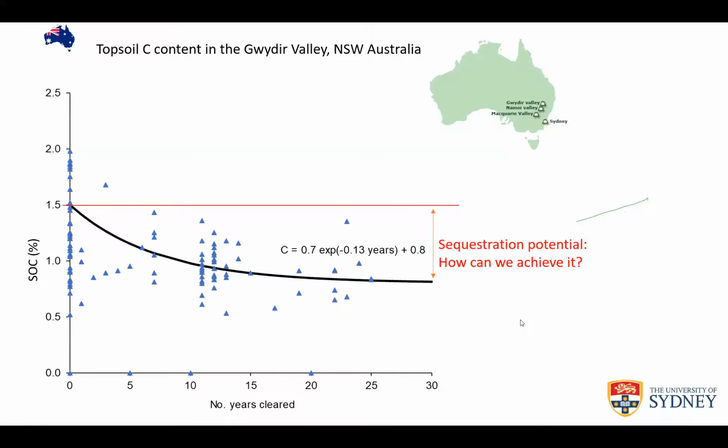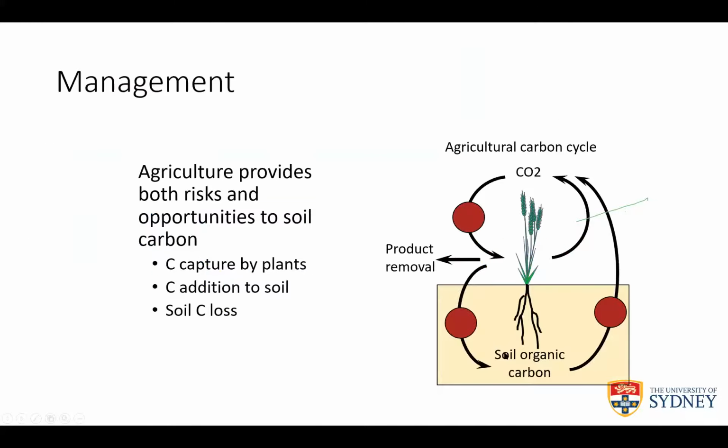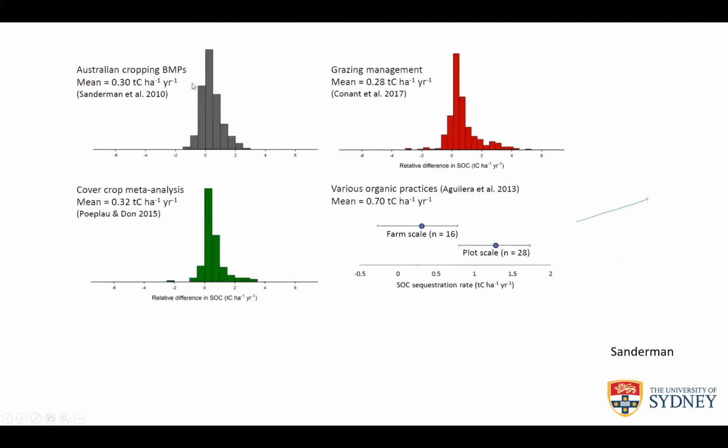So this is different places that people look at. This is in Australia. This is the best management practice. That means that if you change your management practice from the current one to the better one, on average, you can increase the soil carbon by 0.3 tons of carbon per hectare per year.